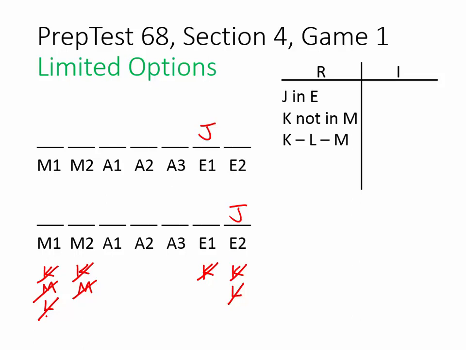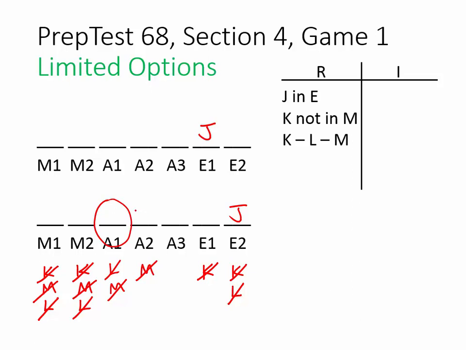But also one thing to note, actually, is that since K can't be in the first or the second spot, L also can't be in the second spot. L can't be in the third spot. M can't be in the third spot. And M can't be in the fourth spot. And this is all because of the fact that the earliest place that K could go is right here in either of our scenarios.